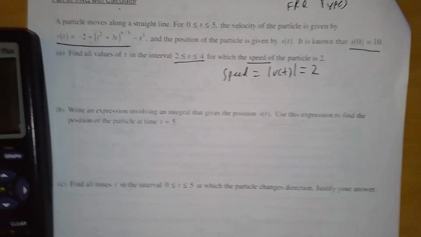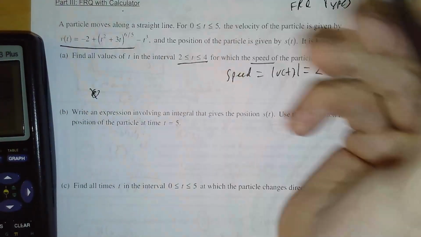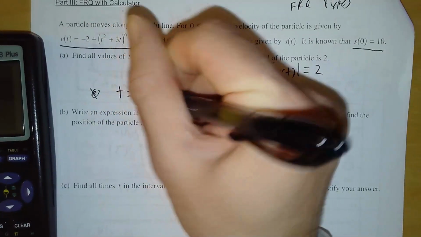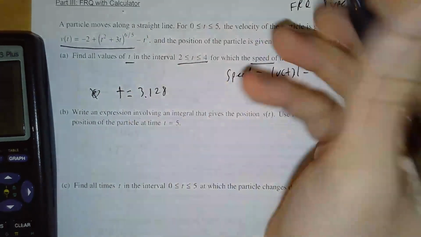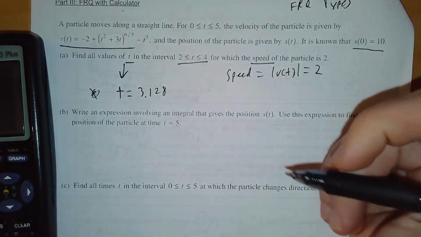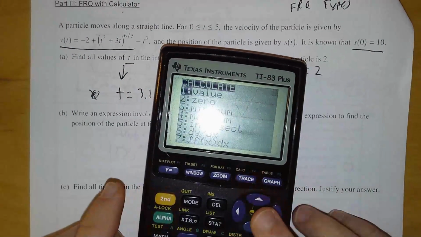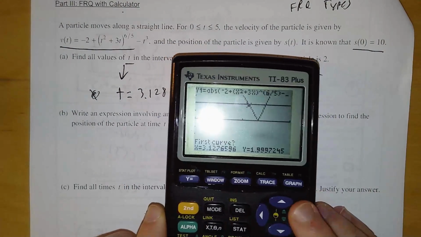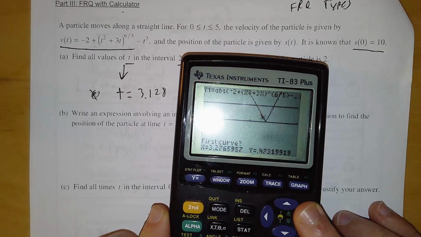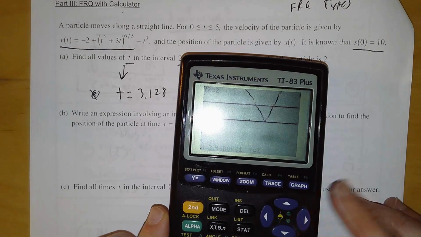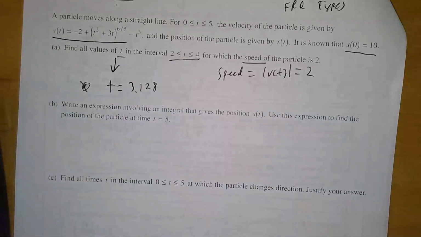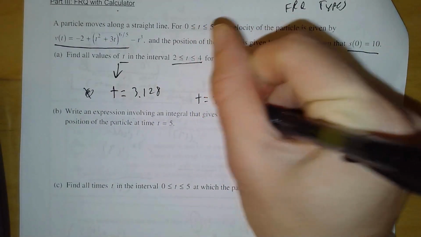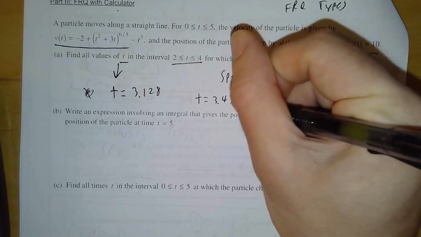Okay, so t, important. T equals 3.128. That's the t value. So make sure that t is matching this t here, right? And then we'll do it again. Second calc, intersect, and we'll move it over to the other intersection. Enter, enter, enter. And that's 3.473. Okay, t equals 3.473.